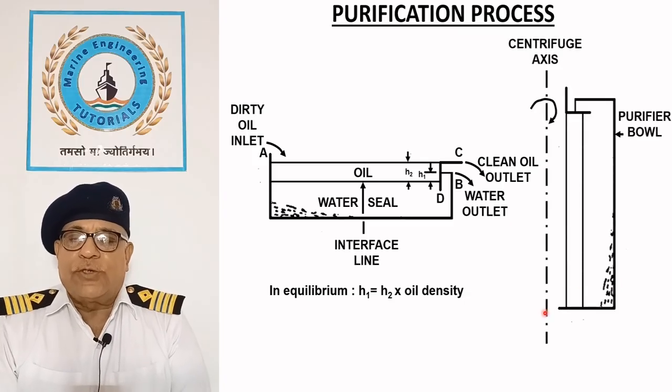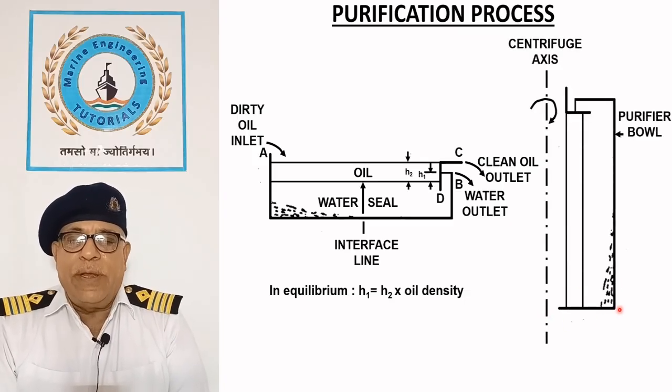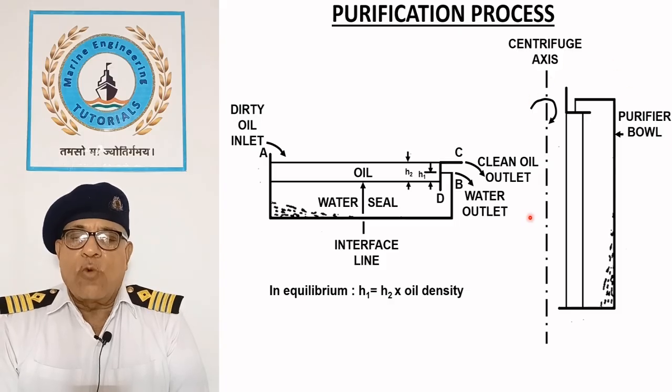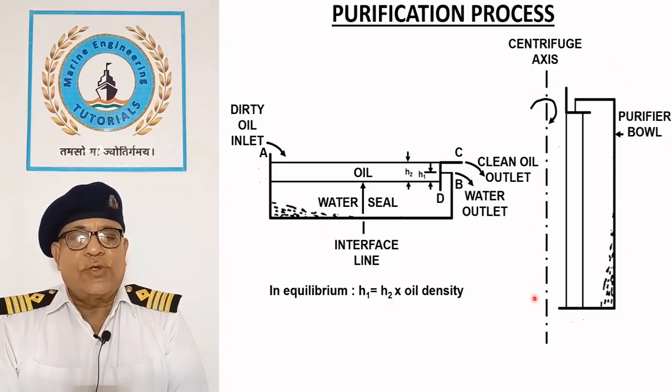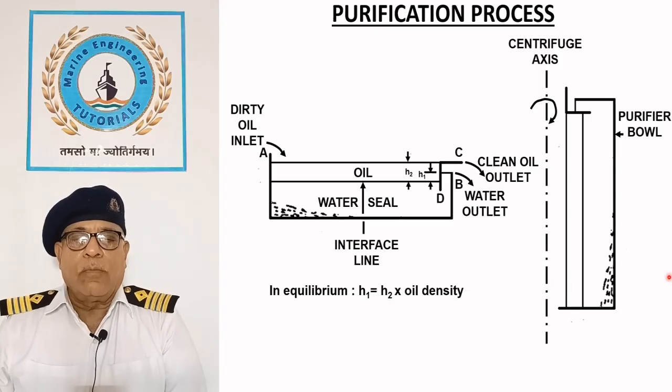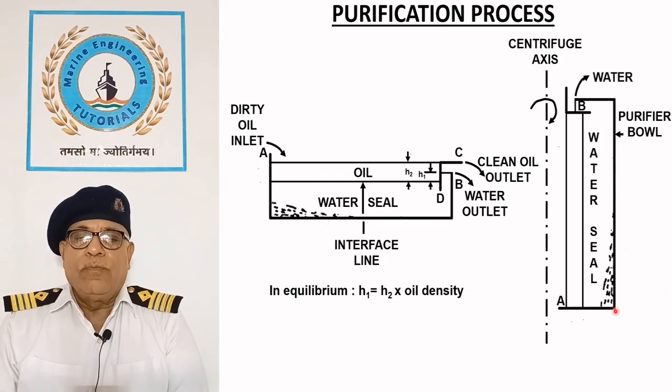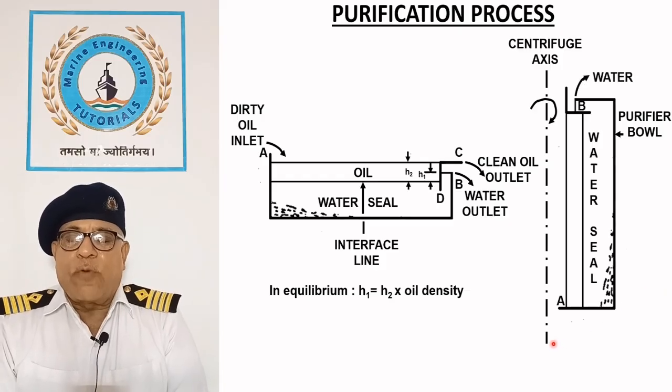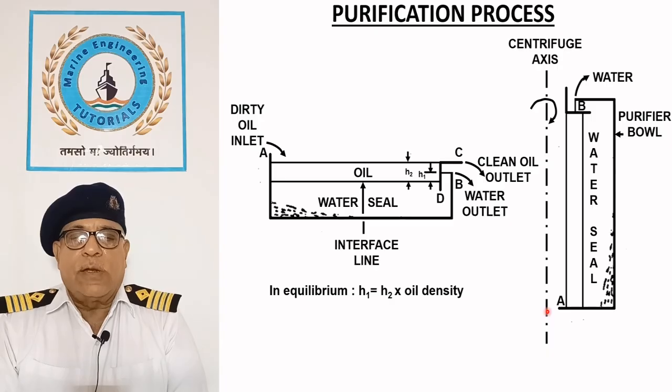If the arrangement is turned by 90 degrees and rotated around its axis, this will function as a purifier. Firstly, water is supplied from inlet A until it leaves from the water outlet B after forming the water seal.